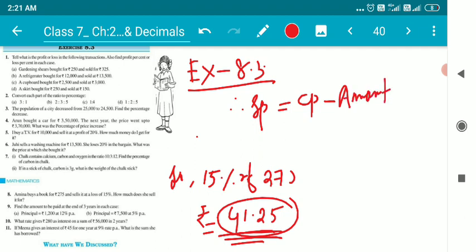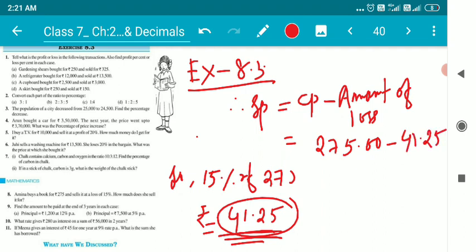This is only applicable for the situation where we make a loss. So cost price was 275.00 minus 41.25 rupees.